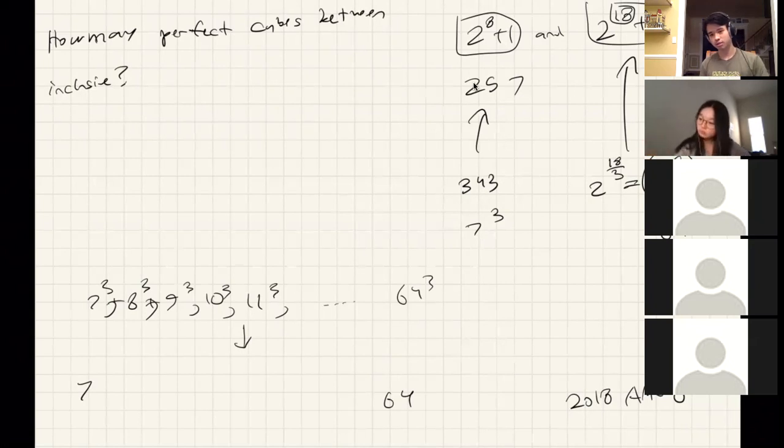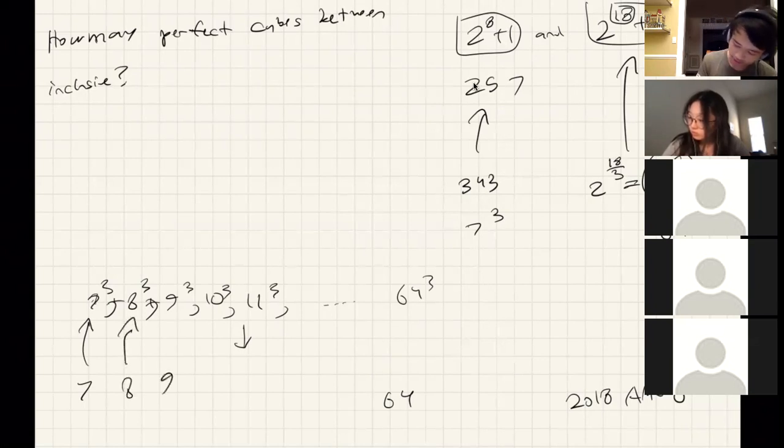Because each integer from 7 to 64 corresponds to a cube between 7 cubed and 64 cubed inclusive. And maybe if I illustrate it, it'll make more sense.